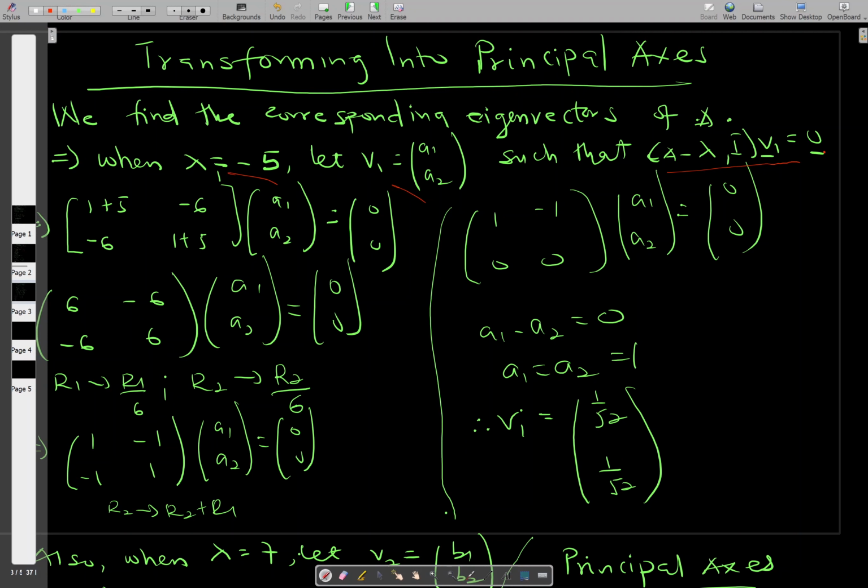We subtract negative 5 from the diagonal elements, so 1 minus negative 5 is 1 plus 5. So we have negative 6, 1 plus 5, times a1, a2 equals this. We divide each row by 6, and when we do that, we get this.